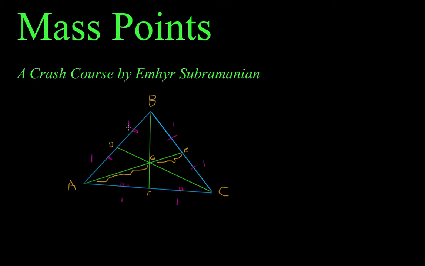Now we can solve. How you do that is you assign different weights. So let's take BC for example. If this is a 1-to-1, then you can assign the weight of C to be 1 because it corresponds to this side, and the weight of this side, CE, corresponds to B, and that weight is also 1 in this case.